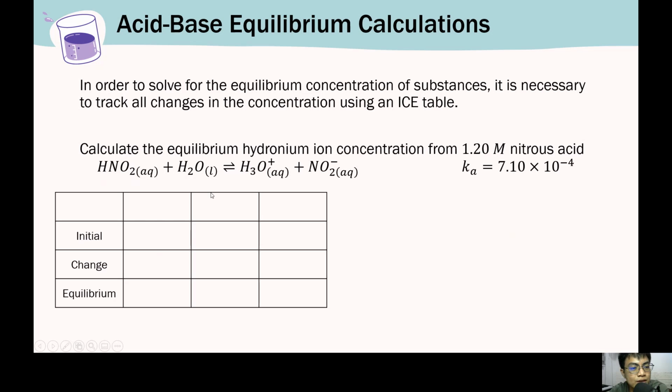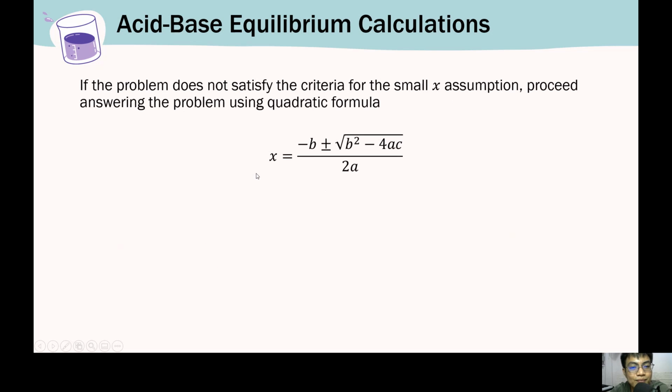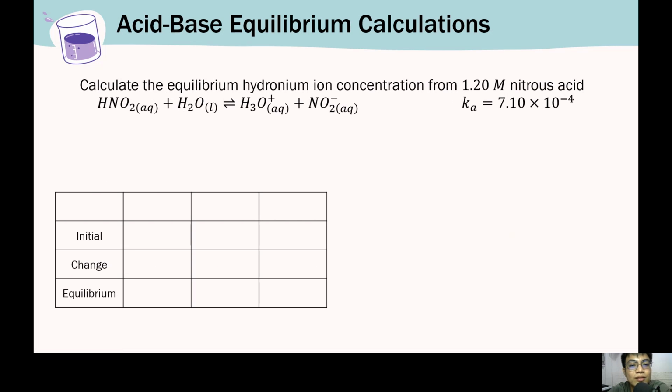So let's read this one. Calculate the equilibrium hydronium ion concentration from 1.2 molar nitrous acid, given the equilibrium equation and the Ka. Of course, first thing you have to do, you have to write an ice table, automatic yun.